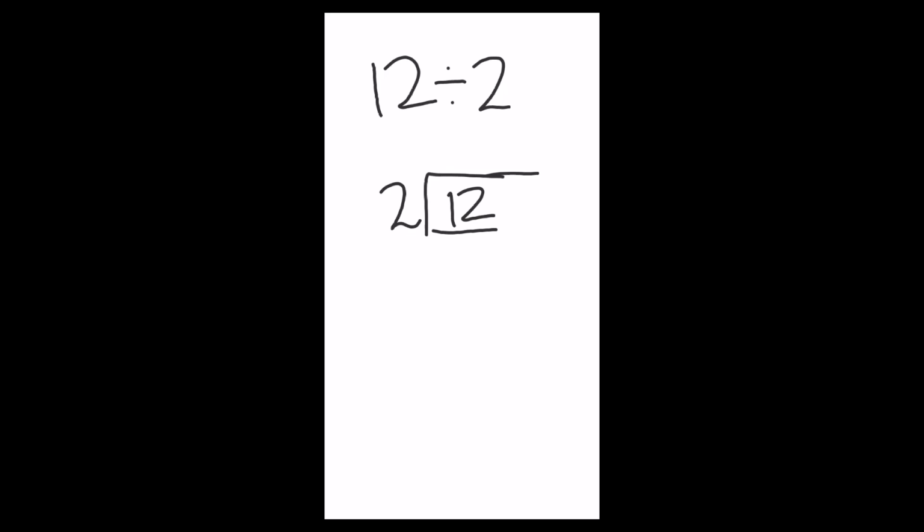Just read the 2 times table. 2 ones are 2. 2 twos are 4, 2 threes are 6, 2 fours are 8, 2 fives are 10, 2 sixes are 12.